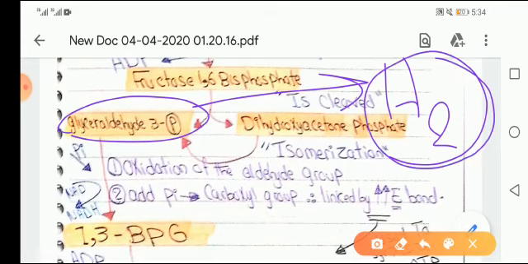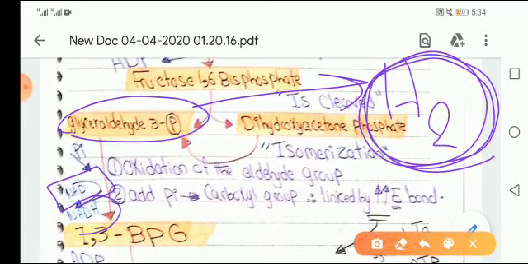So I need a hydrogen acceptor to accept this hydrogen. My hydrogen acceptor here is NAD. Accepting hydrogen means reduction. So NAD would be reduced to NADH. And this is the first oxidation-reduction reaction of glycolysis.